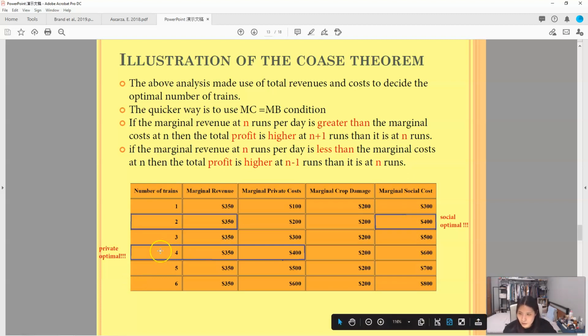So when a firm runs 4 trains per day, the marginal revenue is 350. The marginal private cost is $400. Is it the optimal level to run? Yes, because at this level, the marginal revenue is less than the marginal cost.